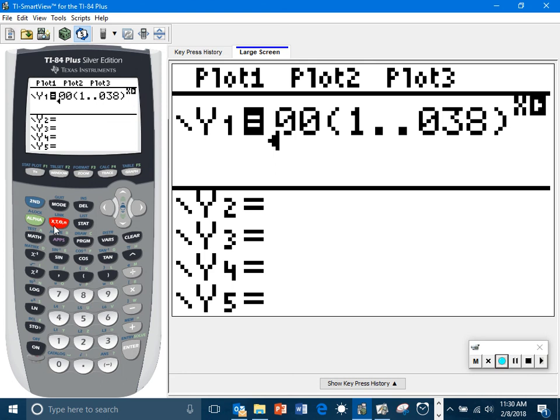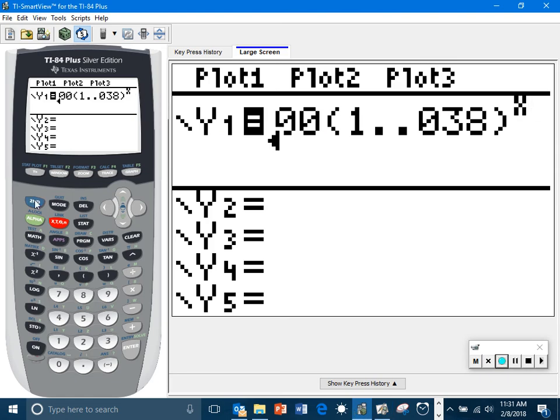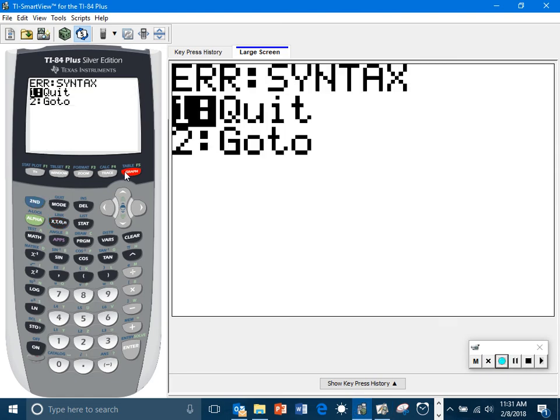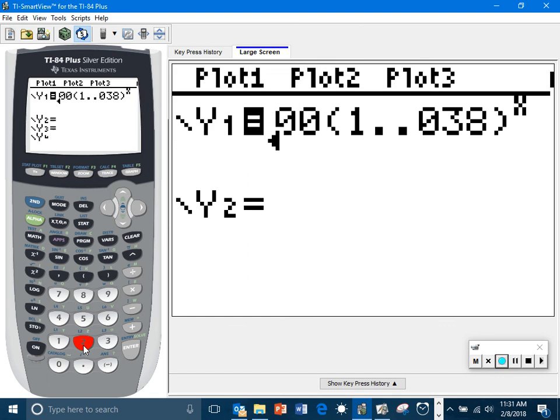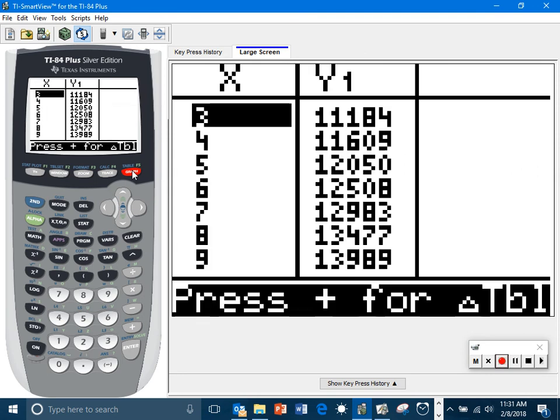So if you have the money in the account, how much will you have after 40 years? We're going to have to go all the way to 40. Whoops, it didn't like something. Let me fix this real quick. Oh, I have 2 decimals in it. There we go. All right, let's go to 40.